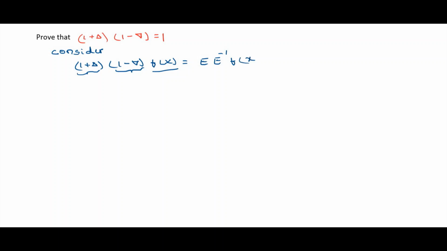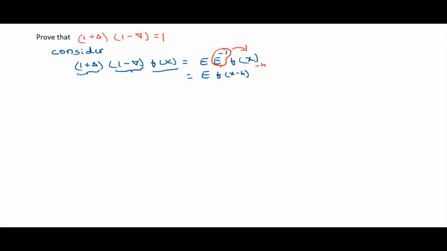Now I will write first shifting operator E as it is, and now you can operate this E raised to minus 1 to this f of x. So to eliminate this E raised to minus 1, we have to add minus h here. So we can write it as f of x minus h.